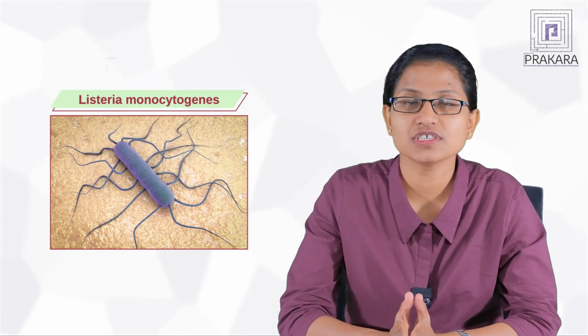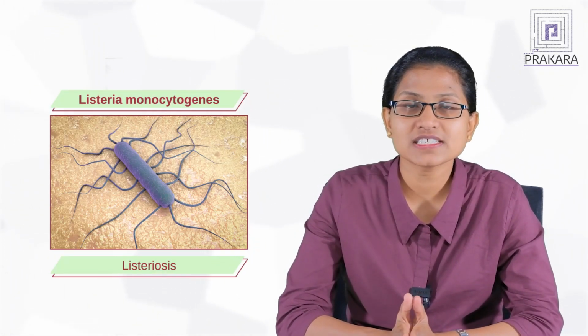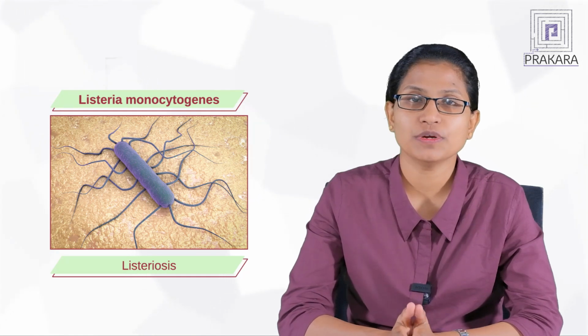The next gram-positive rod-shaped bacteria is Listeria monocytogenes, which is known to cause listeriosis, an intestinal tract infection in human beings. These bacteria are transmitted from a diseased person to a healthy host. They are generally found as commensals in the intestinal tract of some human beings.